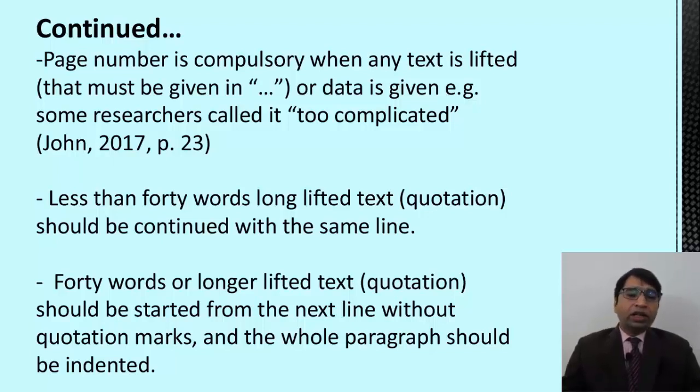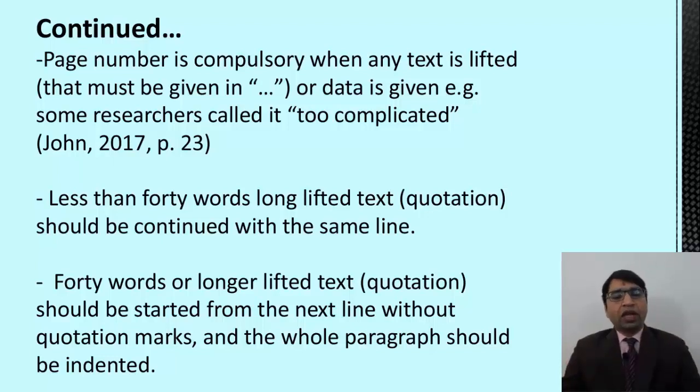Another thing, we are talking about the lifted text, the text that has been taken from the original source as it is. For a lifted text quotation of less than 40 words, it should be continued in the same line: John 2018 said, comma, inverted comma, start, and then give whatever has been lifted.